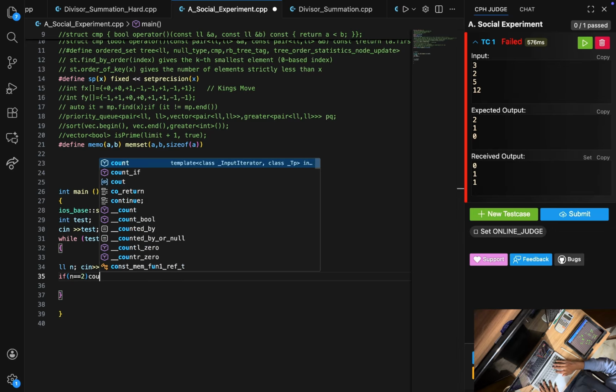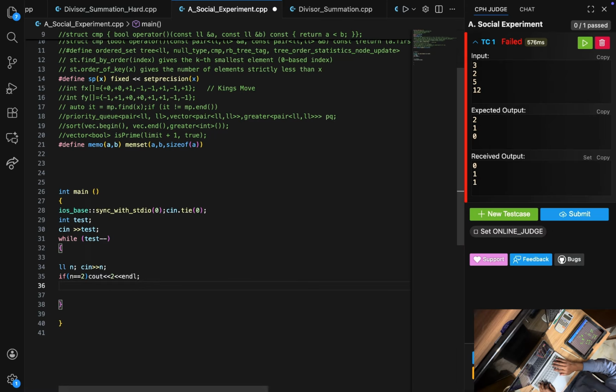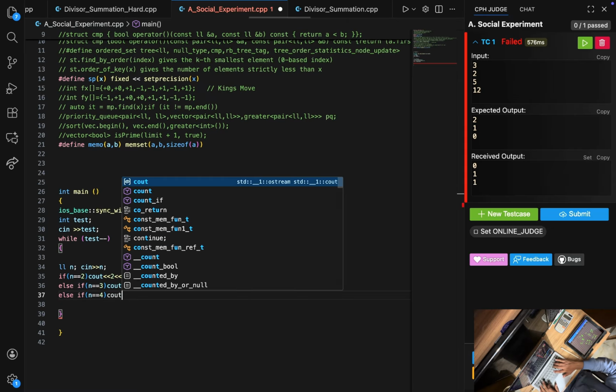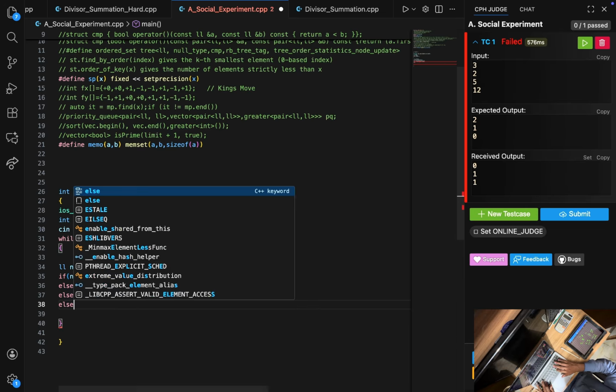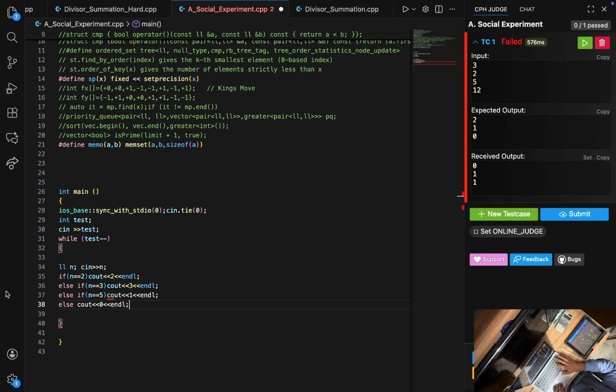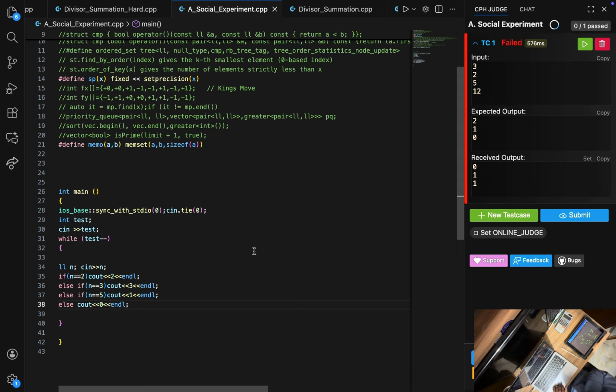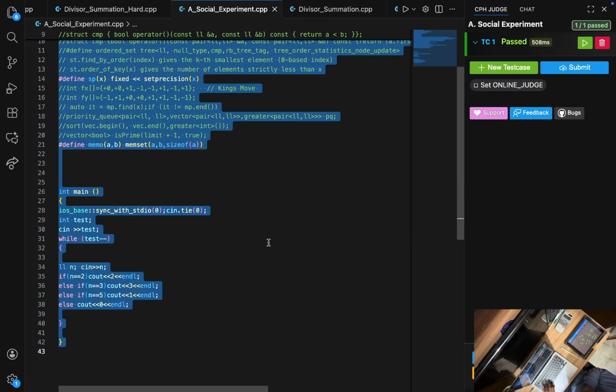If n equals 2, for 2 2 3 4 3 5 4 1 4 4 2.